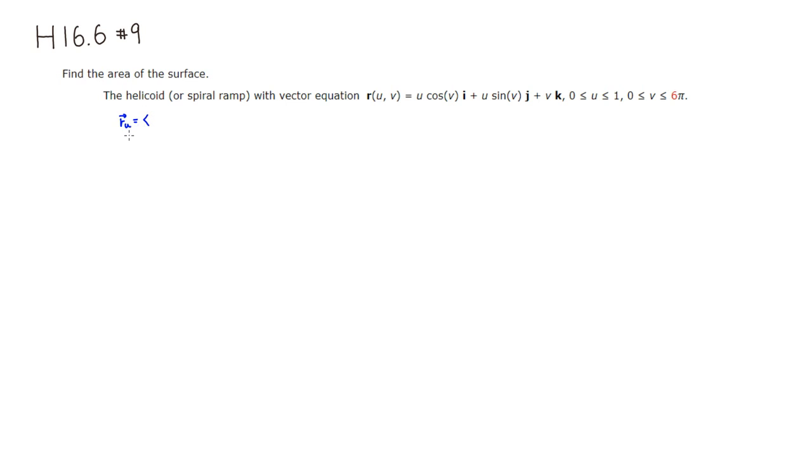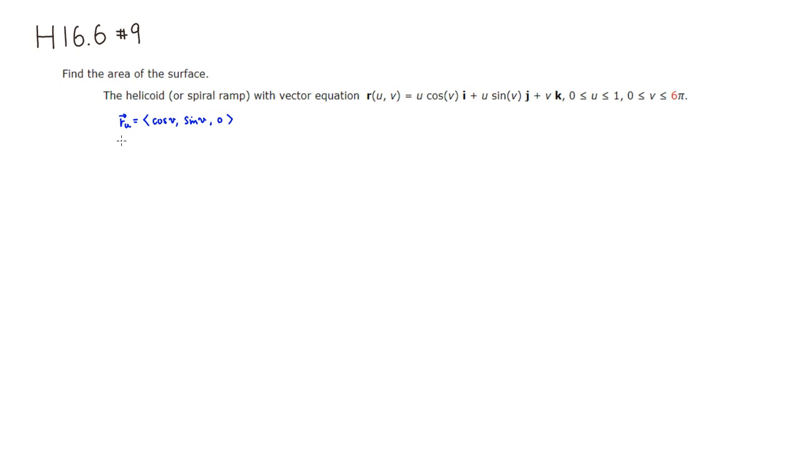With respect to u, you have cosine of v and sine of v, and the partial of the third component with respect to u is going to be 0.